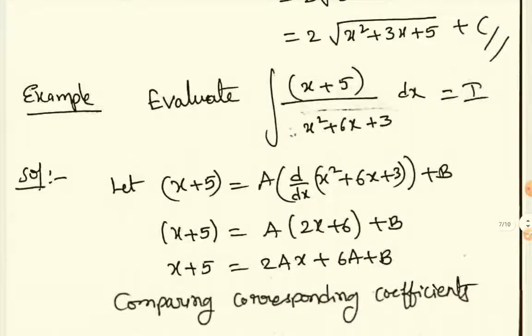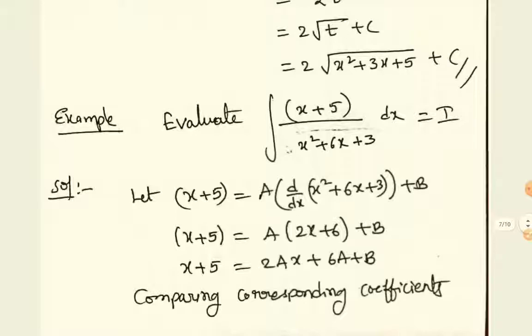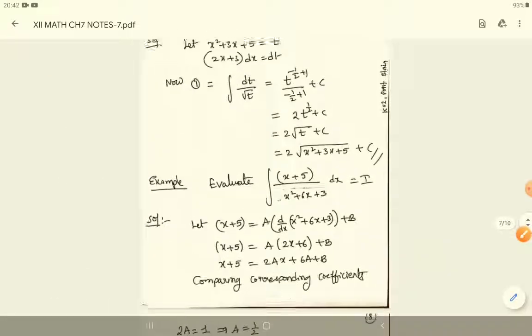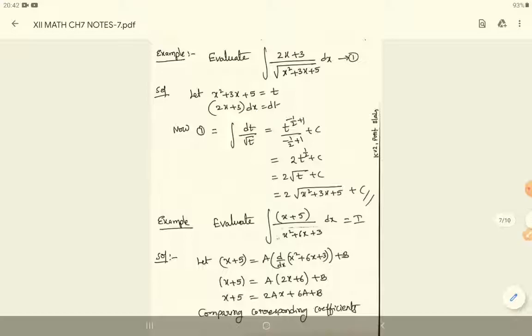What kind of questions are these? Linear expression by quadratic expression. Look, the very first thing, check whether the derivative of the denominator exists or not. If it exists, it's a direct question like the first example here. If it does not exist, you should write the numerator as, very important, what we have to write.